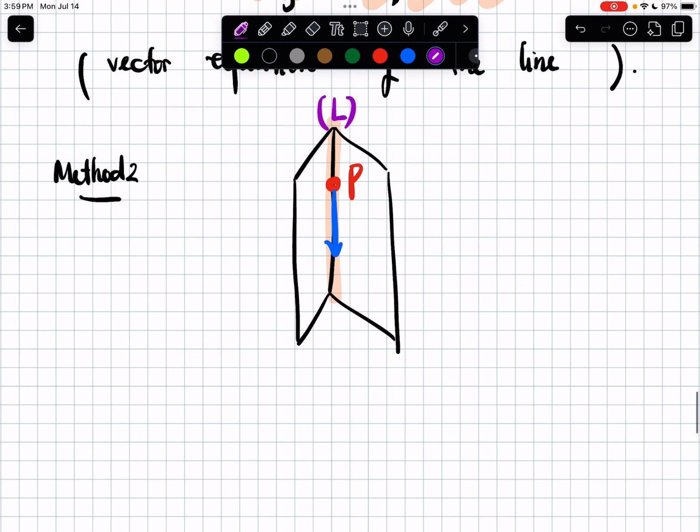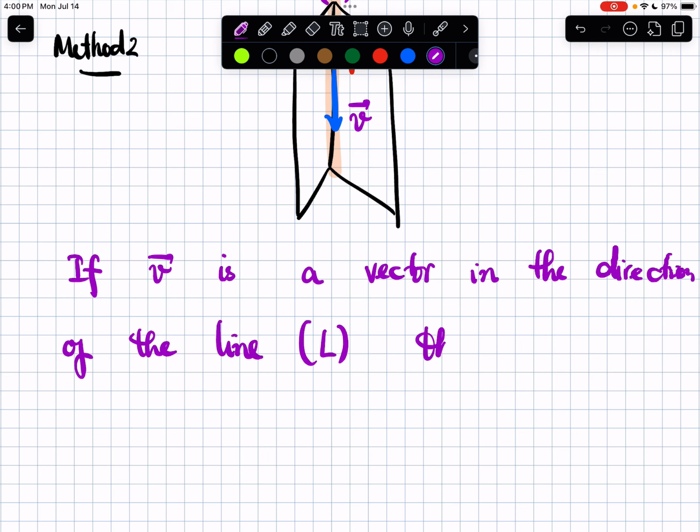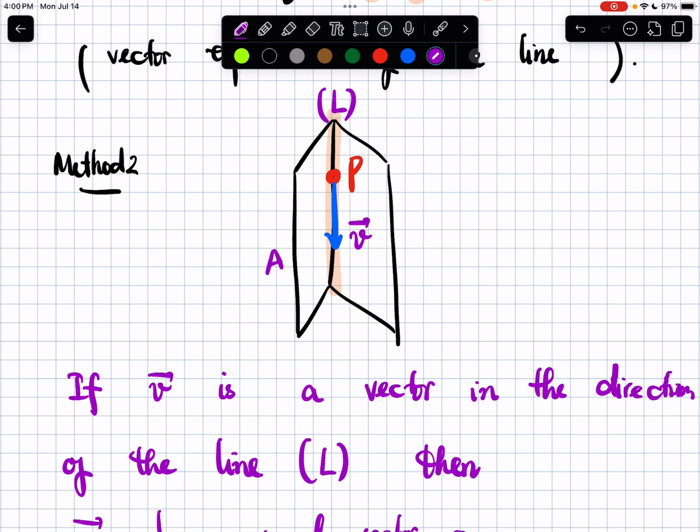So say if we call this V. If V is a vector in the direction of the line L, then V is orthogonal to the normal vectors of the planes, say A and B. A is this plane and B is the other one.